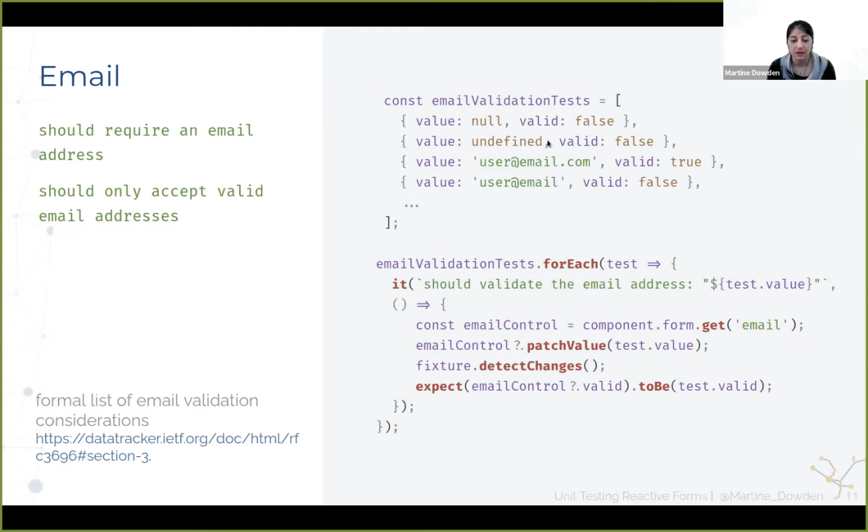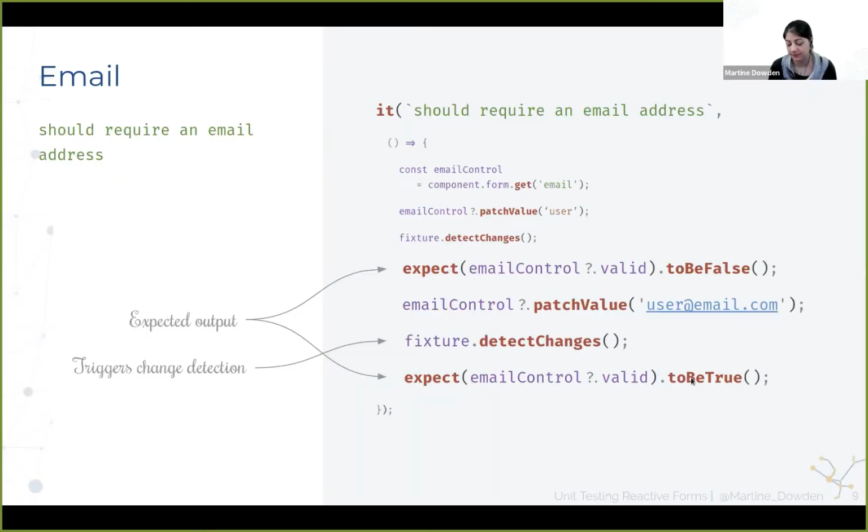And I'm going to iterate over this with that same test. We find the control, we patch the value, we trigger change detection, and then we look to see if the validity we got is supposed to be yes or no. Before, if we go back one or two, I was using toBeTrue or toBeFalse.